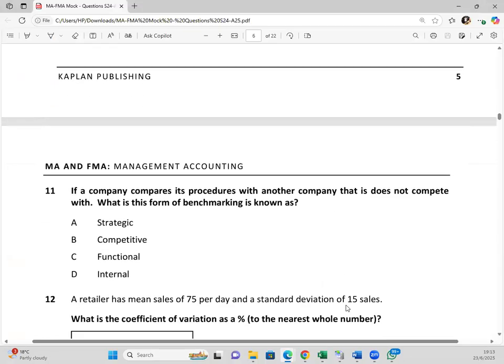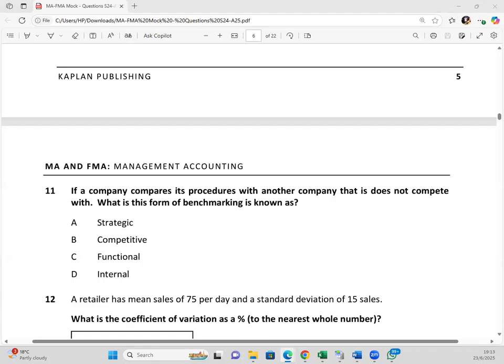Number 11. If a company compares its procedures with another company, that's benchmarking. I think we did talk about benchmarking last time. So we're comparing the procedures. The company compares its procedures with another company that it does not compete with.